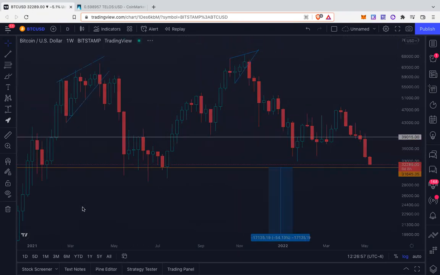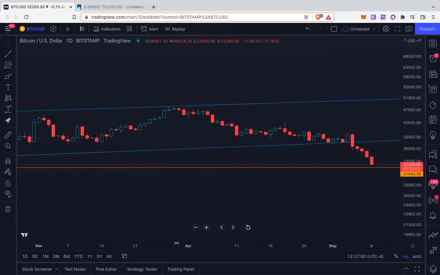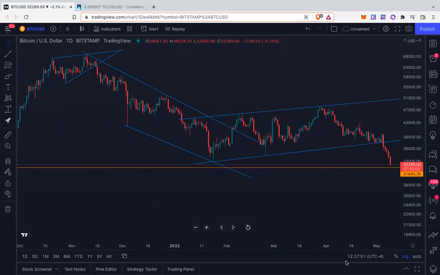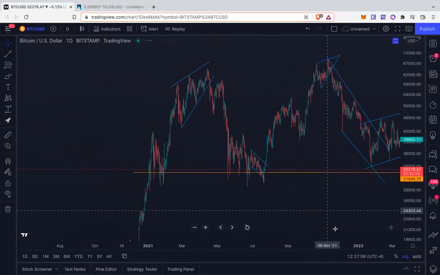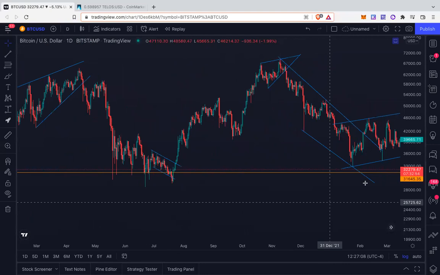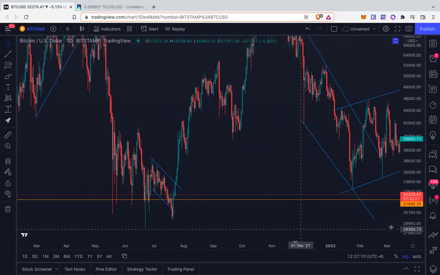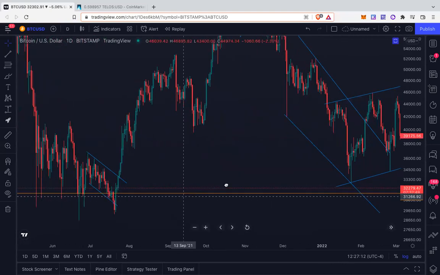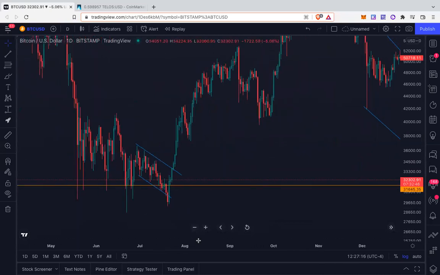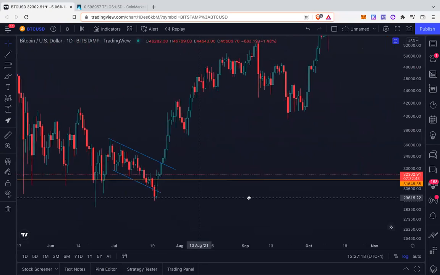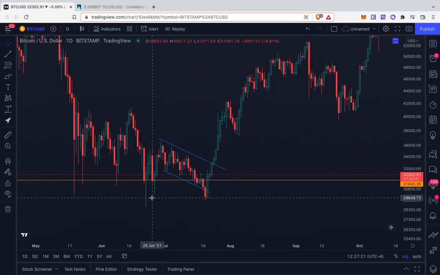And going to the daily, your next major low candle close is, scroll a little bit more, is around 31,600.